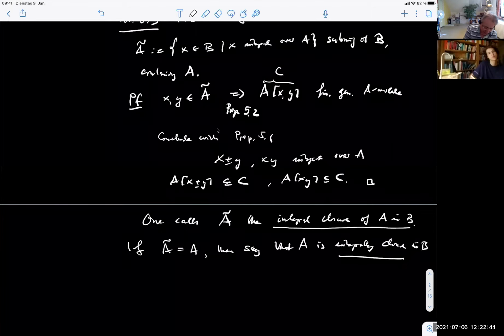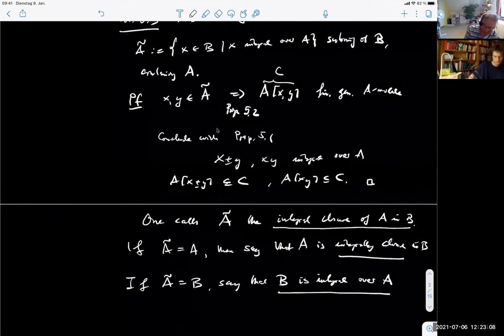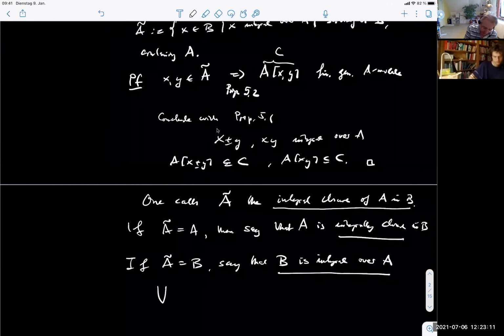And then we say, if A twiddle equals B, then we say that B is integral over A. So it means for all x in B, x is integral over A. This corresponds to the notion of algebraic extension.